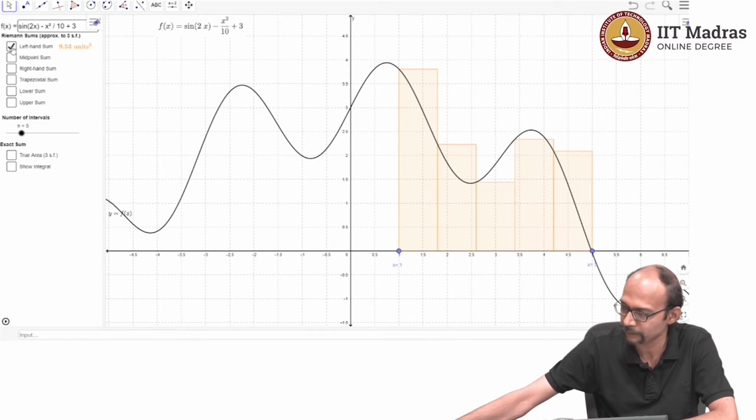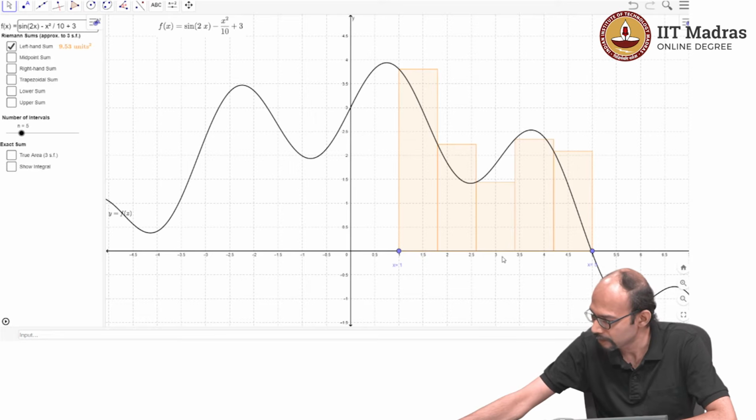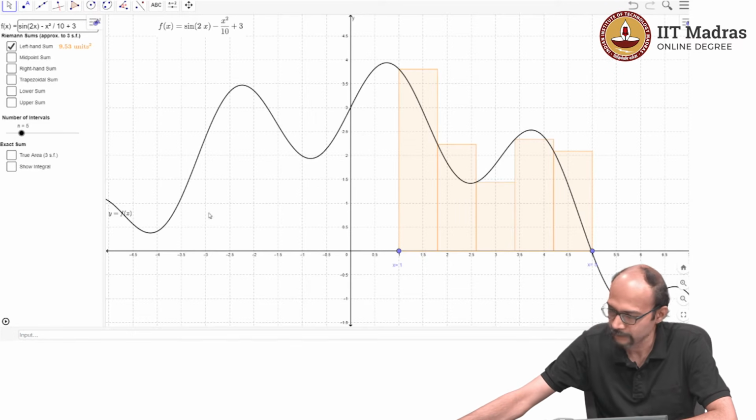Here is the left hand sum. We want to compute this between 1 and 5. Let's say the number of intervals is 5, and we are taking equidistant intervals.